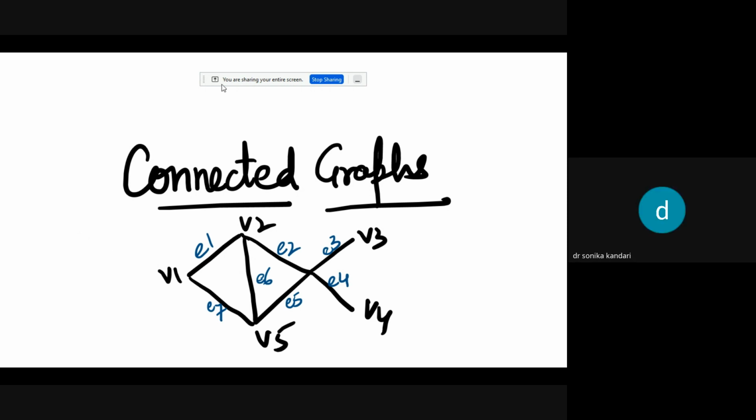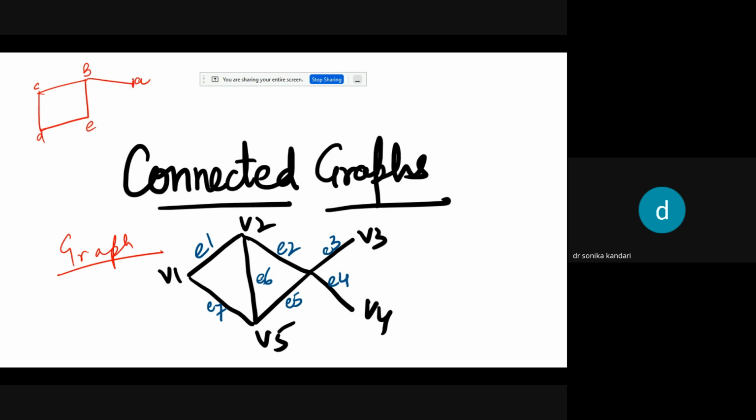Fine. Connected graph. Here I have a diagram of a graph. Are you able to view this graph? What is a connected graph? All nodes are connected to each other; we can move from any vertex to any other vertex.